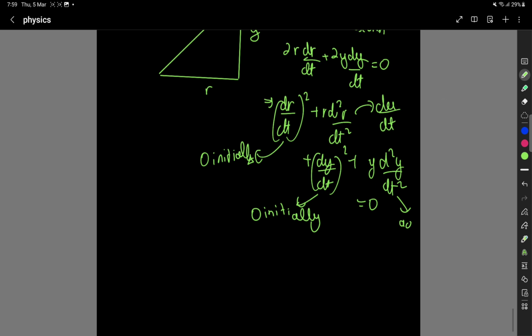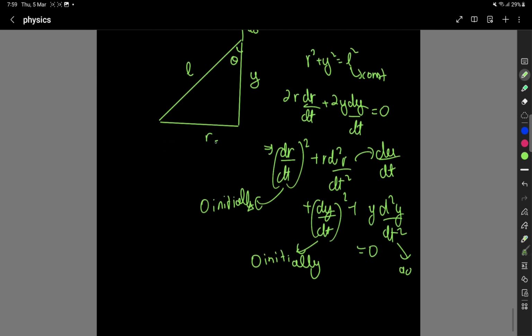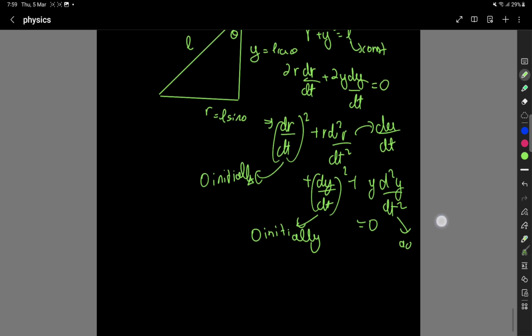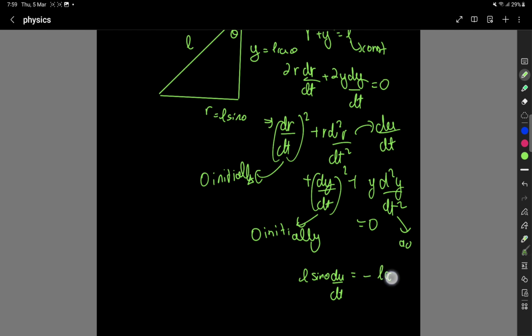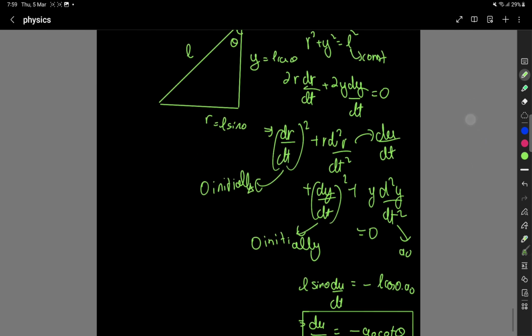From the diagram, another thing is clear: when t equals 0, r is equal to L sin theta, y is L cos theta. So I can tell that L sin theta du by dt minus L cos theta into a naught, so du by dt is minus a naught cot theta.